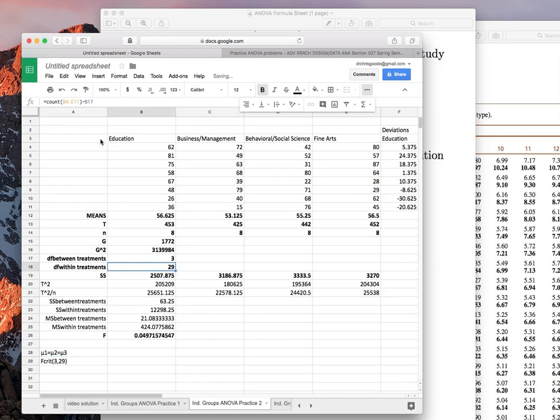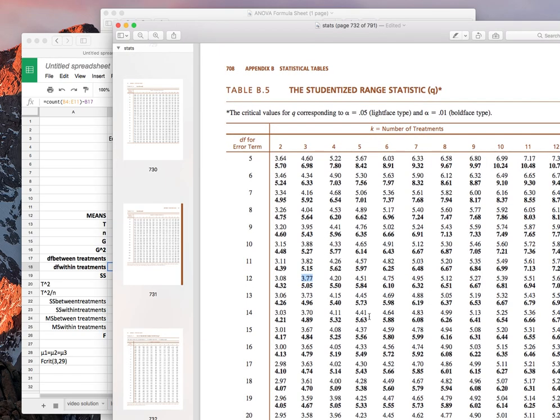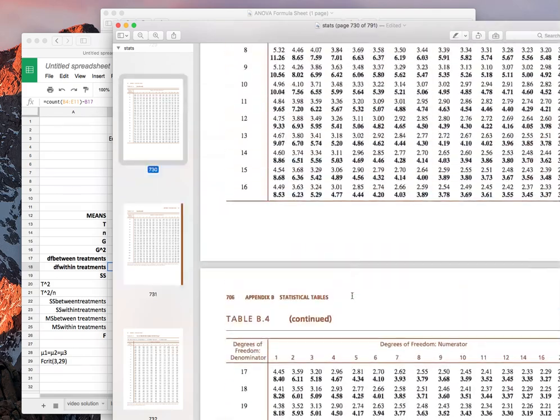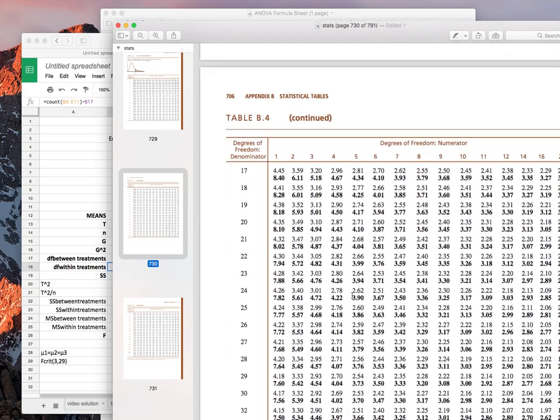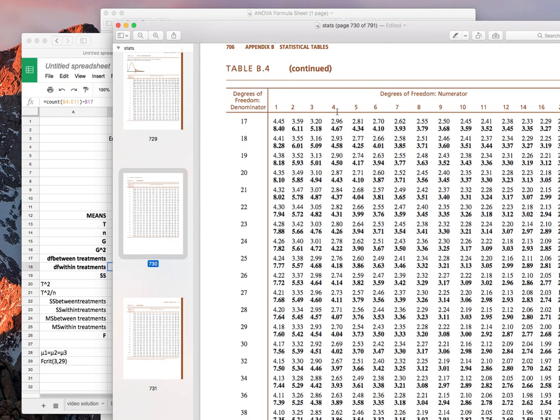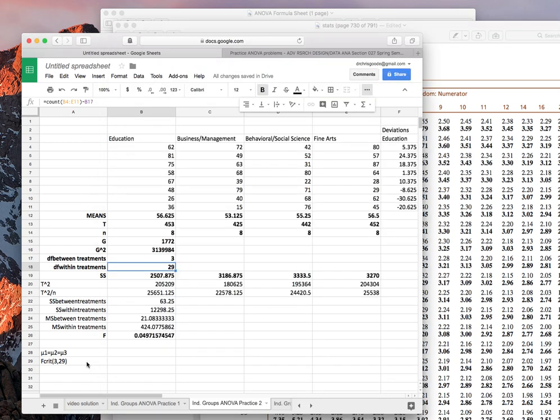This was big N minus K. Okay, that's 4 and 29 degrees of freedom. If you go up to page 2 of your F table, degrees of freedom in the numerator 4 and 29 degrees of freedom. Oh, it was 3 and 29 degrees of freedom. For an alpha of .05, it's 2.93.